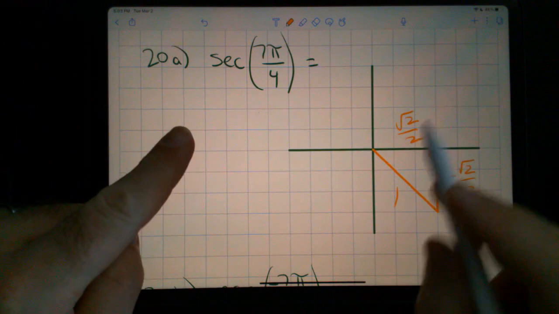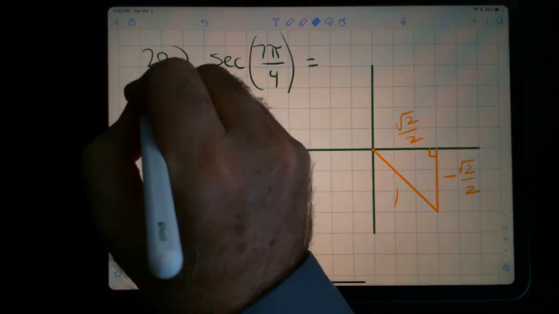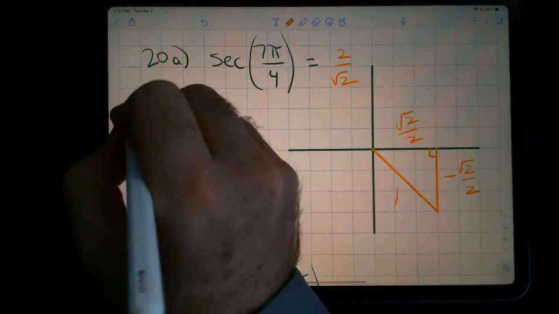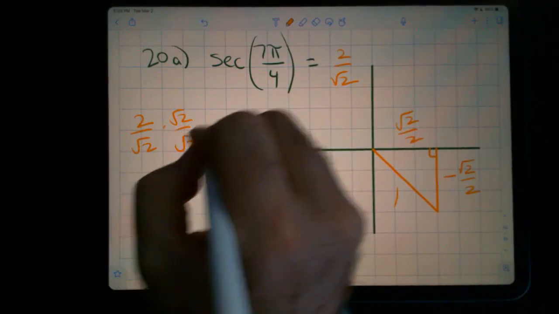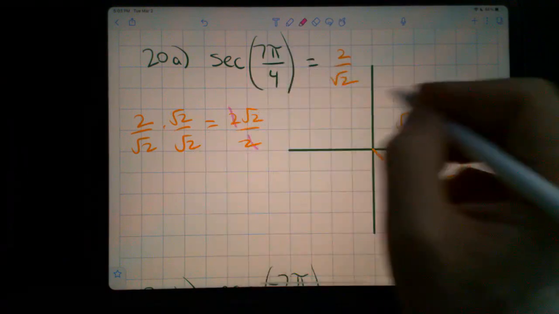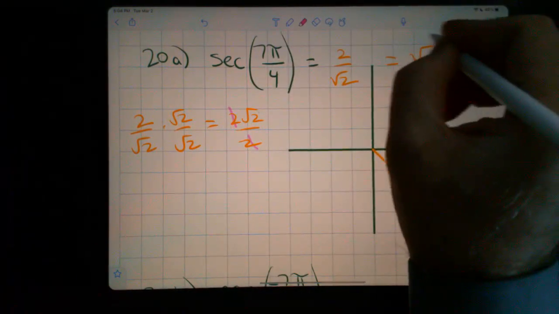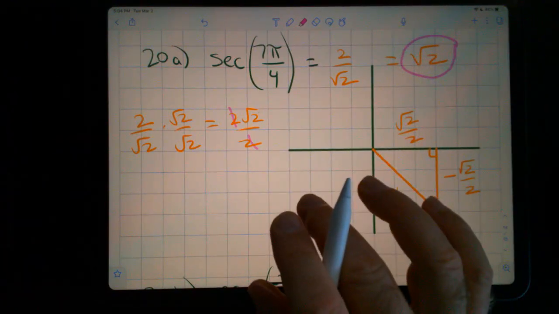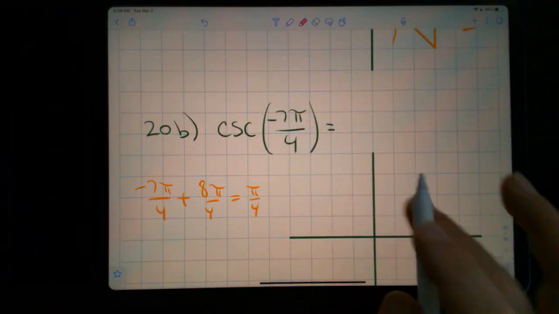So the secant is the inverse of cosine. So this is going to be 2 divided by root 2. Rationalize the denominator, and you get 2 root 2 over 2, giving you just plain old root 2. So that this would end up in quadrant 1.